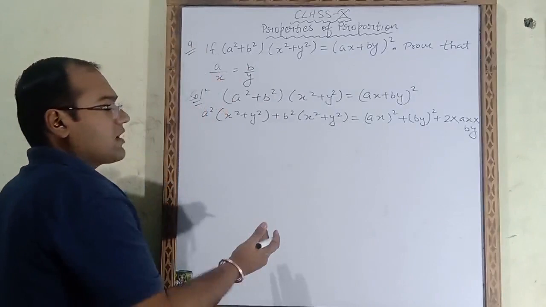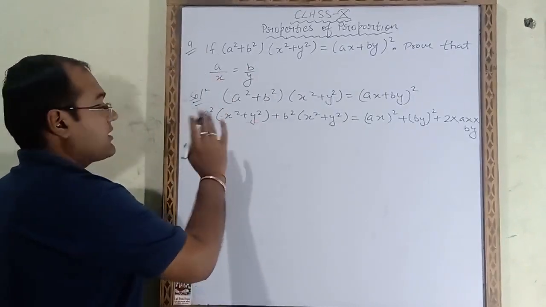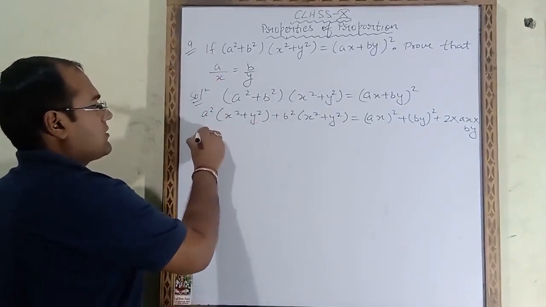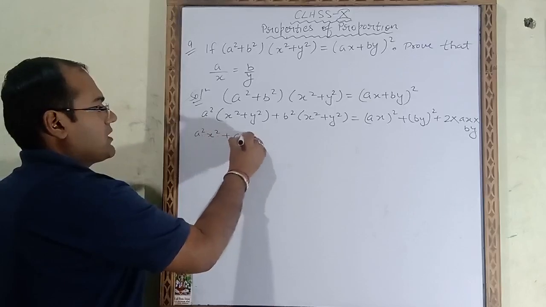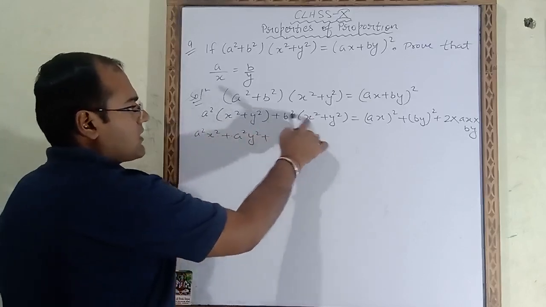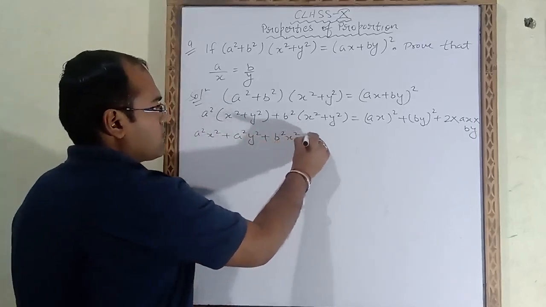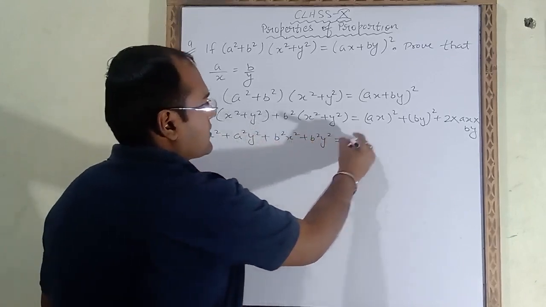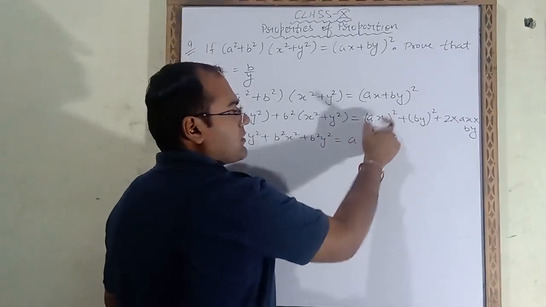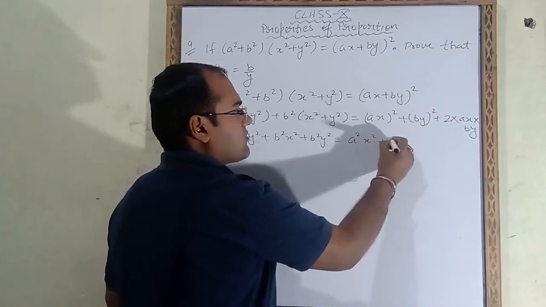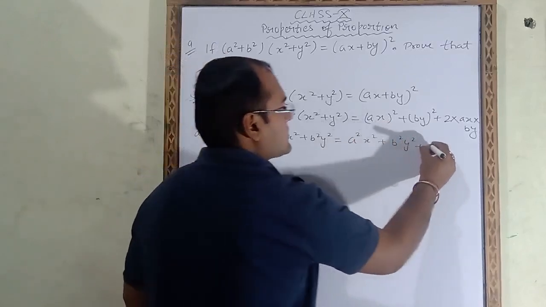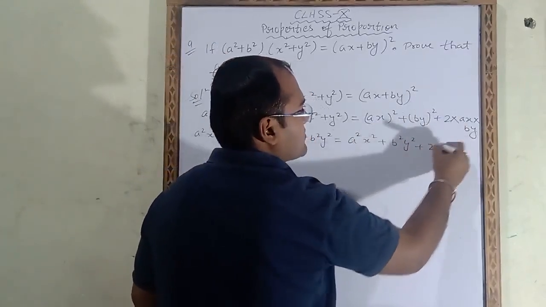Now we will multiply it. We will open this bracket: a square x square plus a square y square plus b square x square plus b square y square is equal to, when we open this square, a square x square plus b square y square plus 2axby.